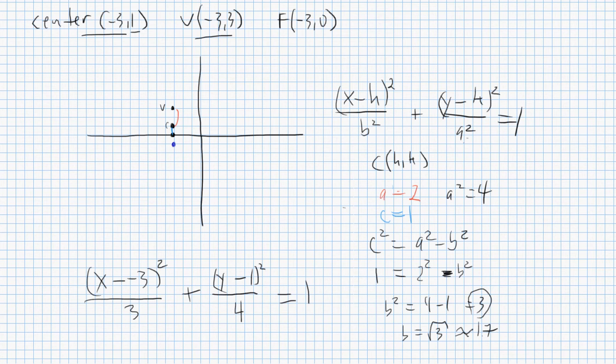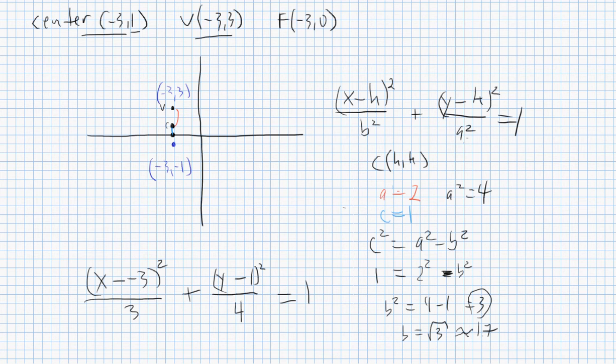So this vertex point, the one above, is (-3, 3). This vertex point below is (-3, -1). So we have to write in the coordinates for the other vertex, the one below.